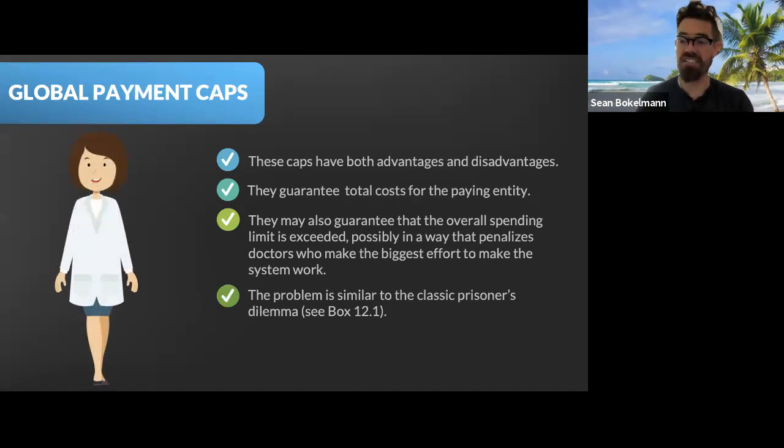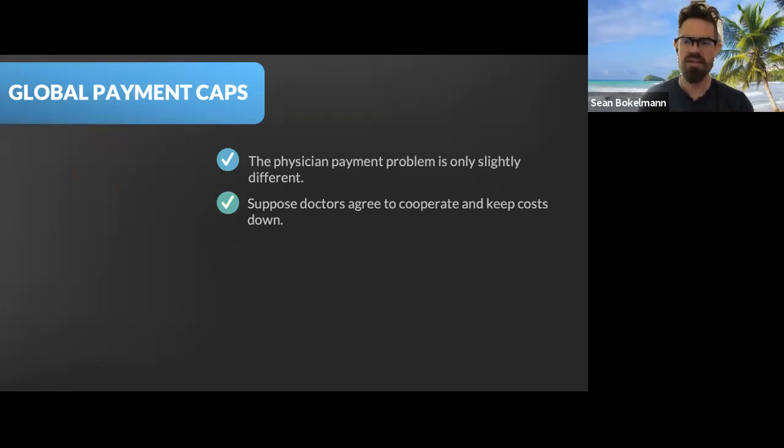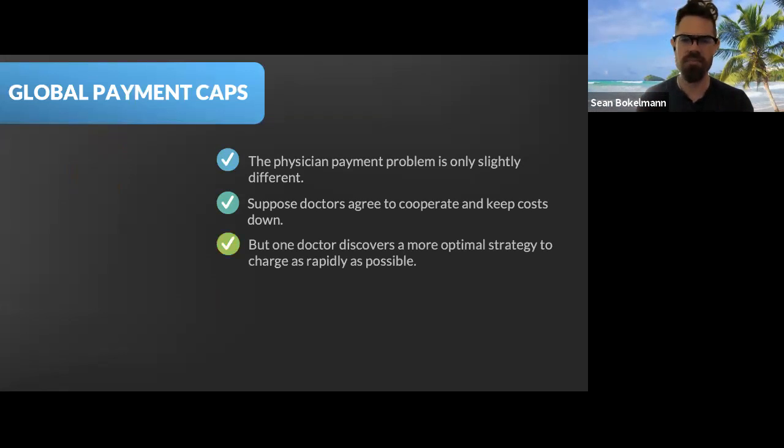And again, this is very similar to the prisoner's dilemma. And if you want to look at that in more detail, you can refer to box 12.1. So the physician payment problem in this situation is really only very slightly different from the prisoner's dilemma. So think about it this way, right? Suppose that a group of doctors agrees to cooperate and keep costs down.